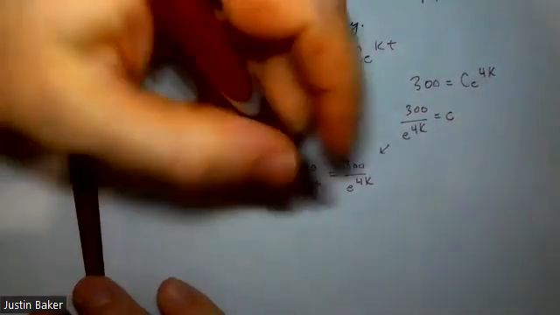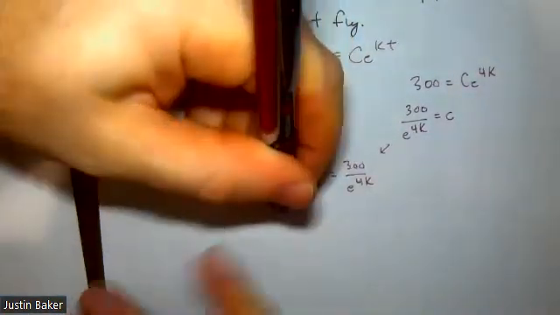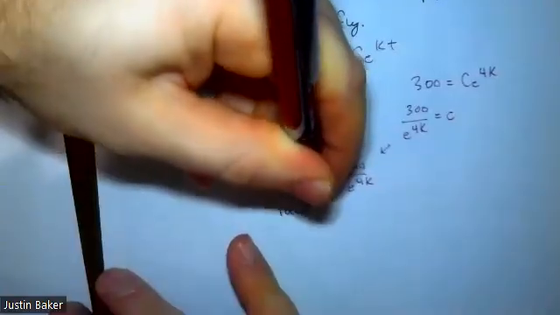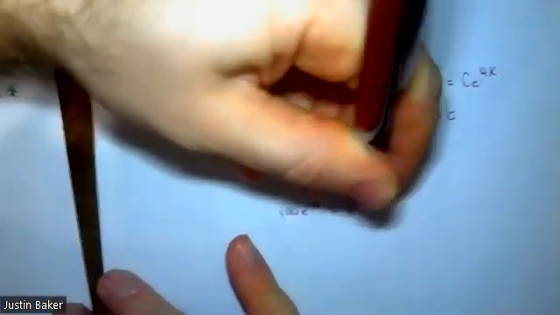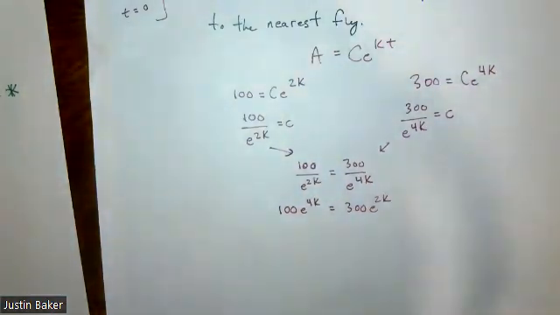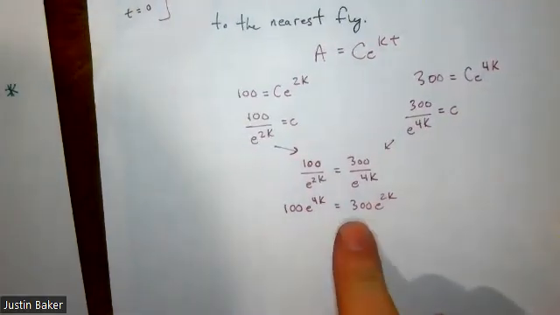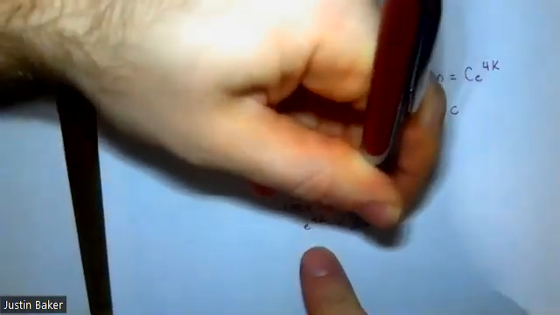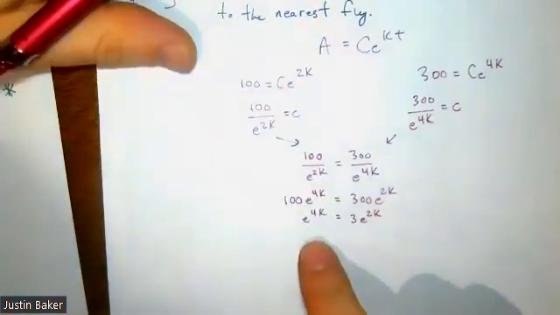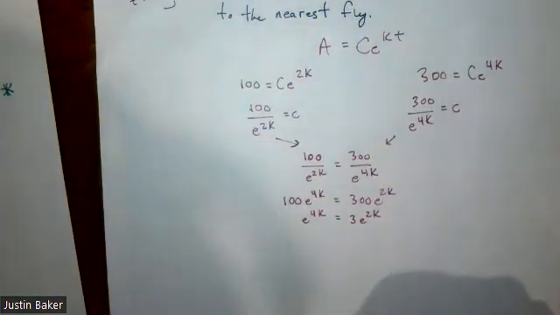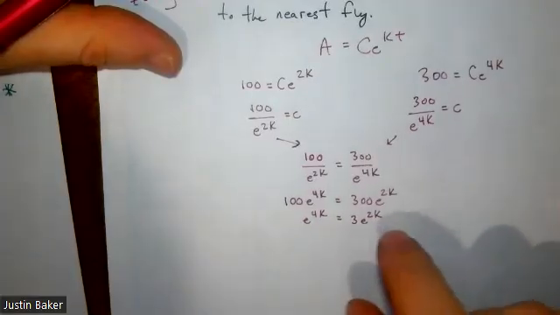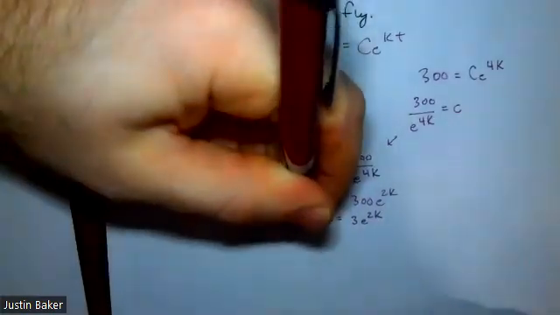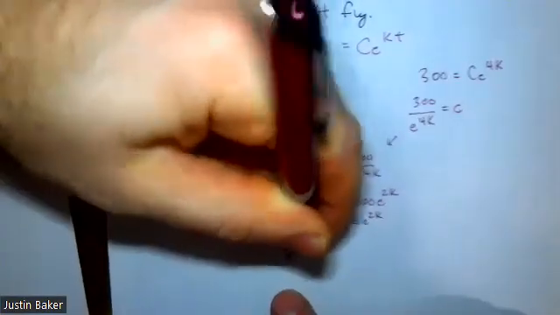So this would be 100e^(4k) is equal to 300e^(2k). And then I would divide that 100 over. So then we could say e^(4k) is equal to 3e^(2k). Maybe divide the e's over. e^(4k) over e^(2k) is equal to 3.